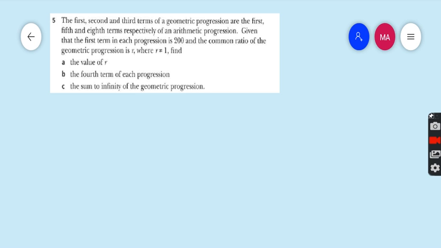Question number 5 is: the first, second and third terms of a geometric progression are the first, fifth and eighth terms respectively of an arithmetic progression. So again we have geometric and arithmetic.